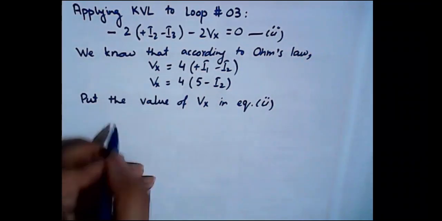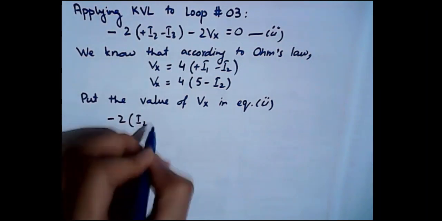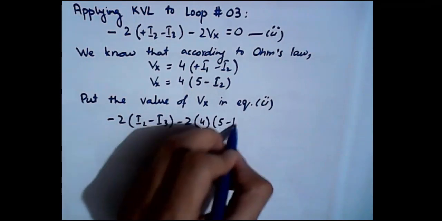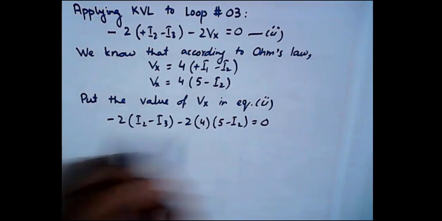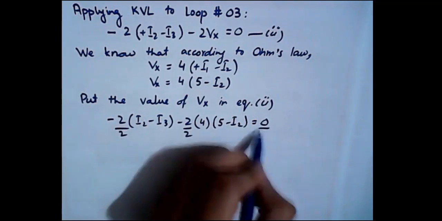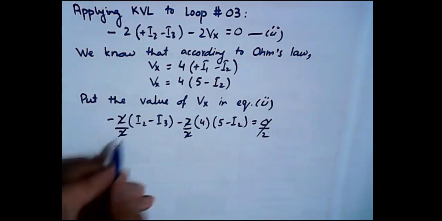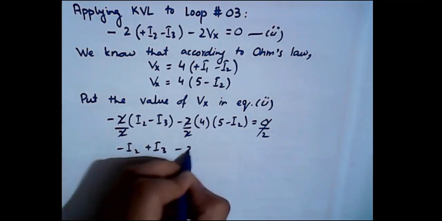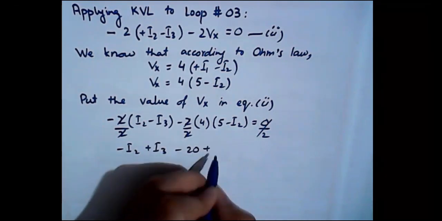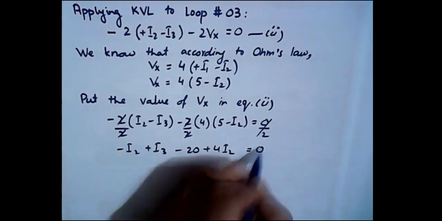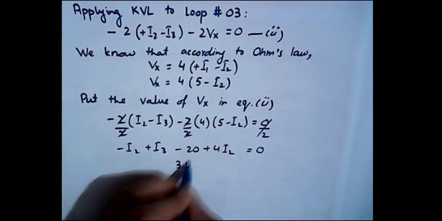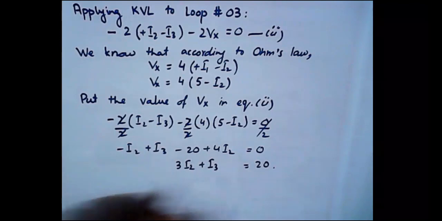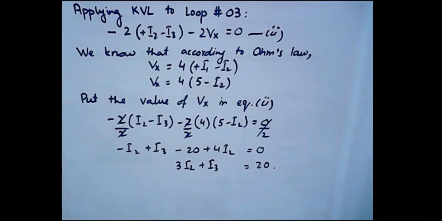Right, so when we put the value of Vx, it becomes minus 2 I2 minus I3 minus 2 times 4 times 5 minus I2. We can simplify this equation by dividing both sides by 2, so it becomes minus I2 plus I3 minus 20 plus 4I2 is equal to 0. 4I2 minus I2 is 3I2 plus I3 is equal to 20, and this is our equation 3.